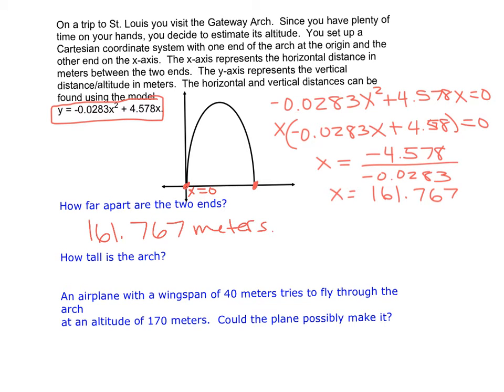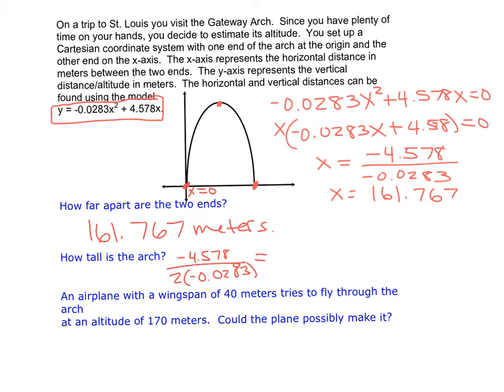How tall is the arch? That would just be your negative b over 2a, right? So negative b, so negative 4.578 over 2a. Writing this decimal is really annoying, but oh well.